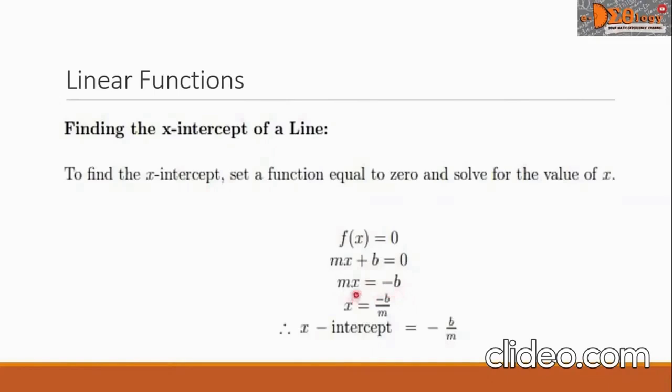Since we want to get x alone on the left side, we will divide this equation by m. So the m here will be cancelled out, only x comes down, and this is equal to the negative b over m. So the x-intercept equals negative b over m. We may use this formula to get the x-intercept.